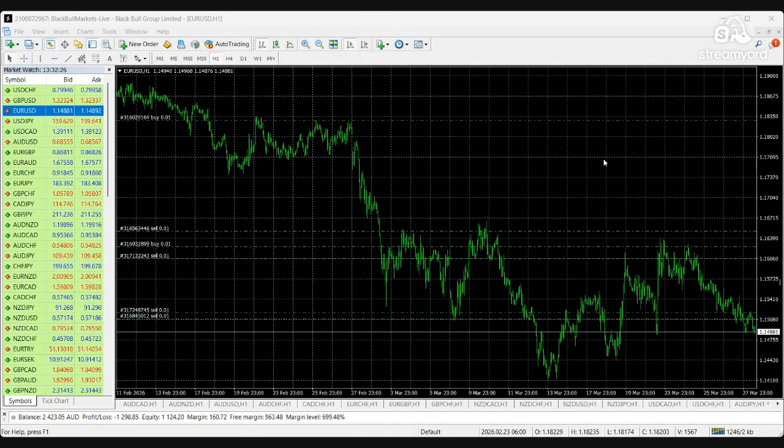The foreground should remain white, which are the numbers here on the side, on the edge. And then the bar up to remain plain. The bar down, we can change that to red. And then the bull candle, change that to green.